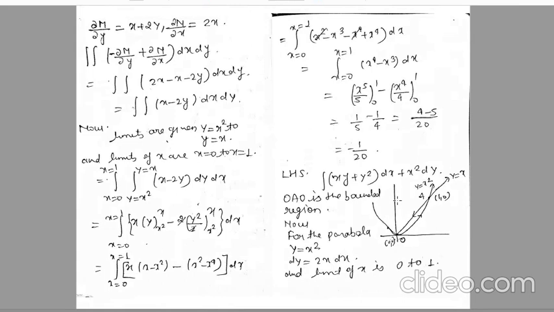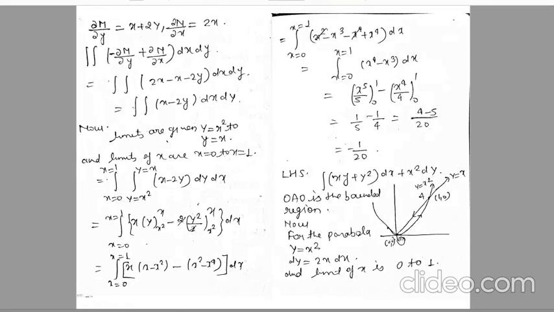For the left hand side, you can see that it is a single integration, which means this is a line integral, so you will apply the line integral method here. This is your figure, and your bounded region is OAO. First you are going through OA.